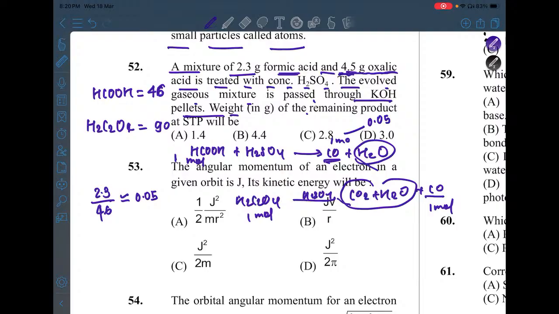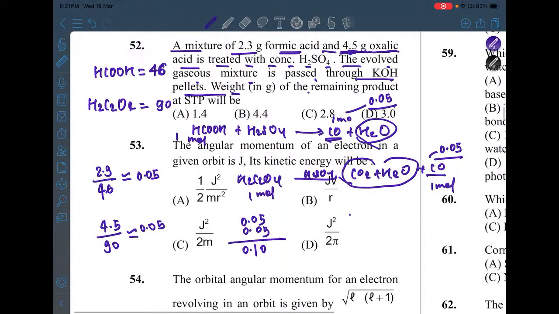Given weight of oxalic acid is 4.5 and its molecular weight is 90, which is also equal to 0.05. So here also the value of CO is 0.05. The total amount of CO is 0.05 plus 0.05, which equals 0.10. Now weight equals moles multiplied by molecular mass.